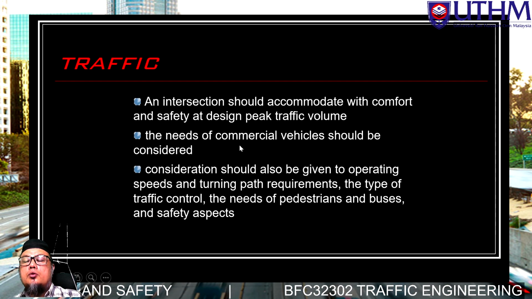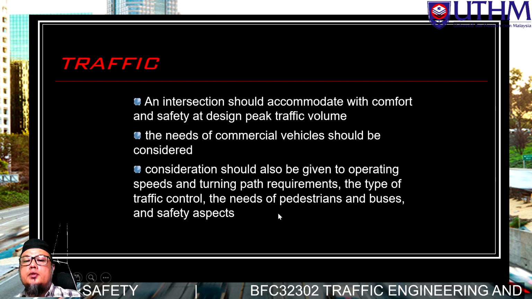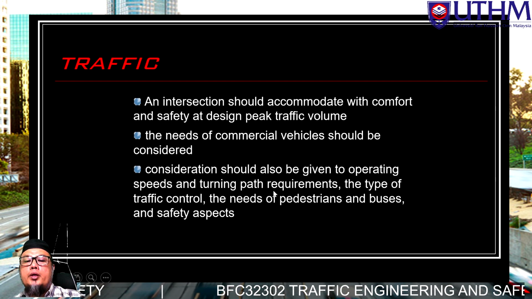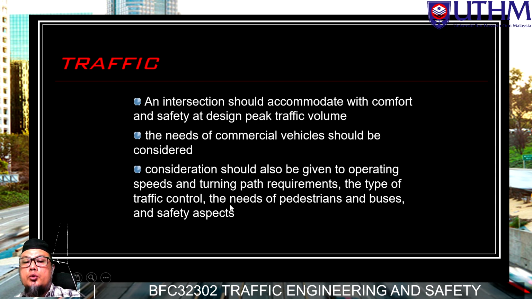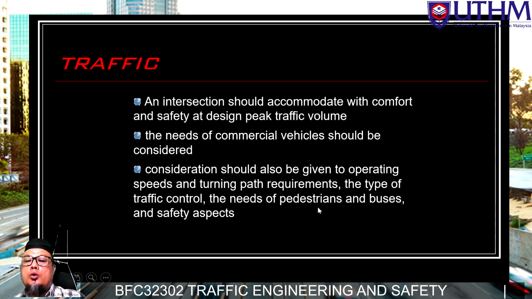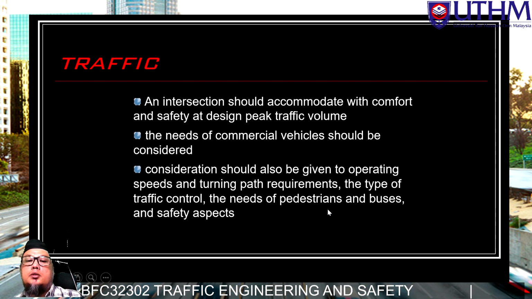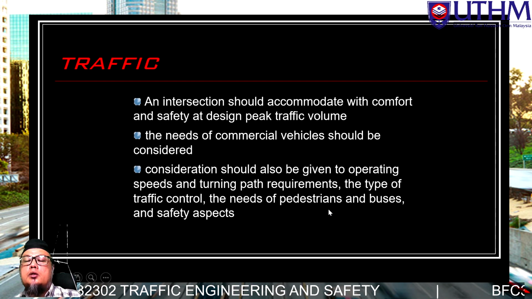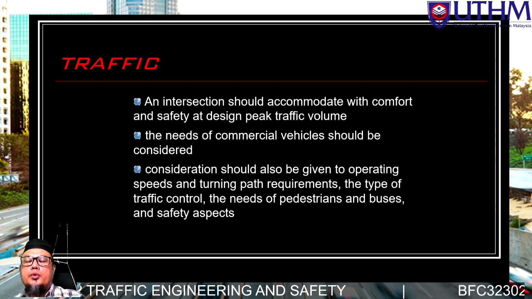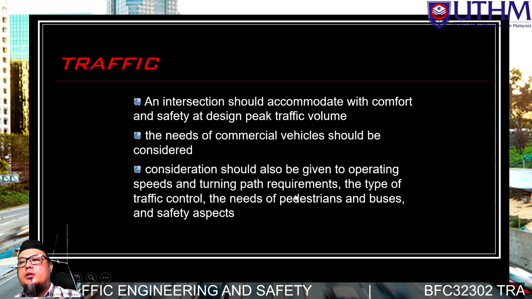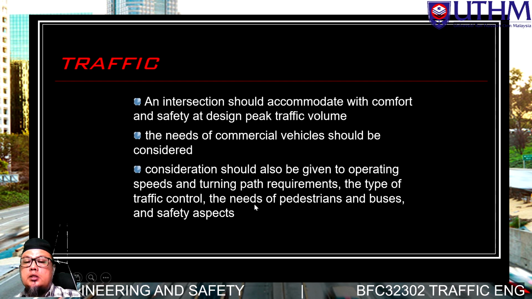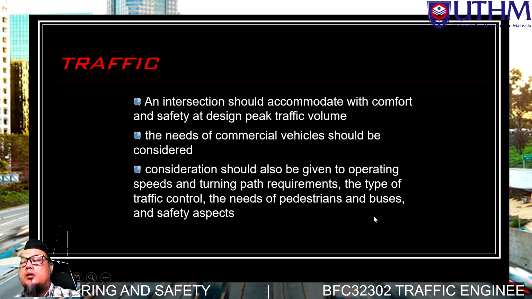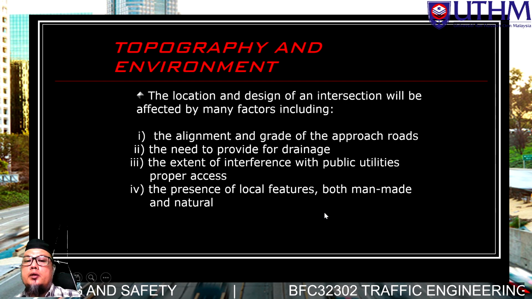Okay, we also need to consider commercial vehicles and the operating speed, turning movement, and type of traffic control, whether we are going to install signalized or unsignalized, or the operation features for layout, whether it is needed for pedestrians or public transport, and the safety aspect.